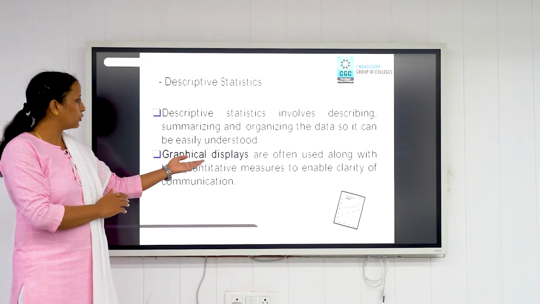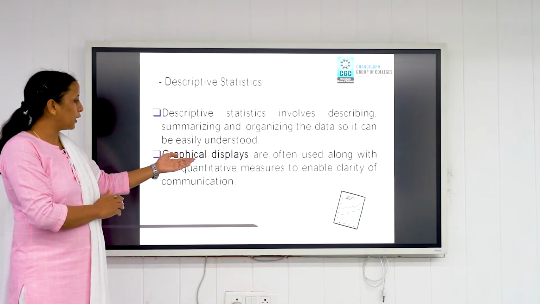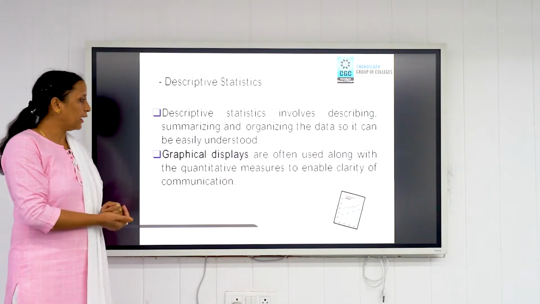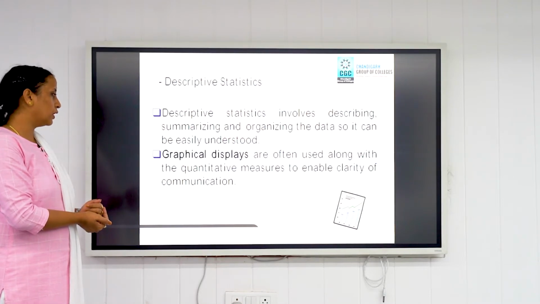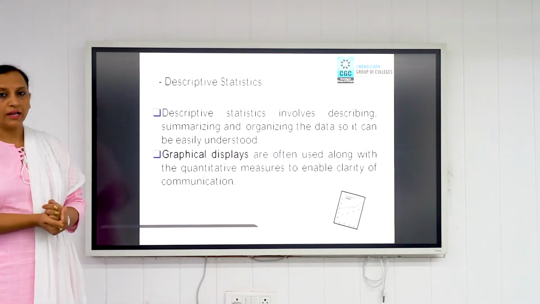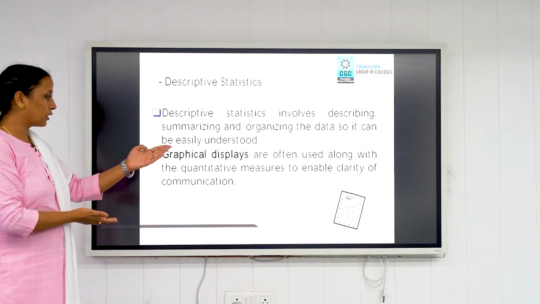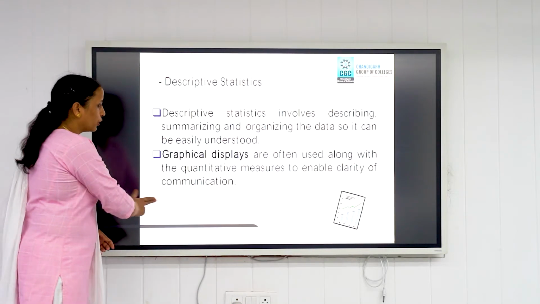You can describe the data with graphical displays, which are often used along with quantitative measures to enable clarity of communication.